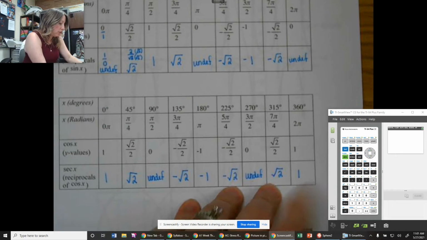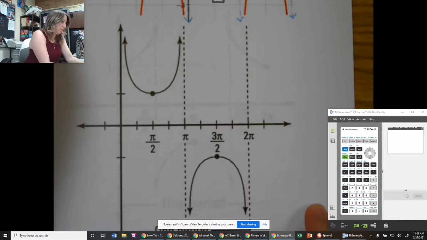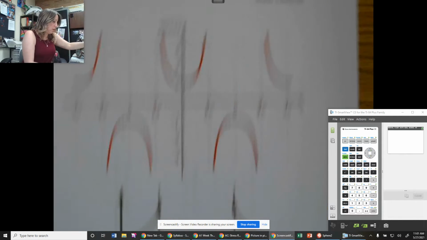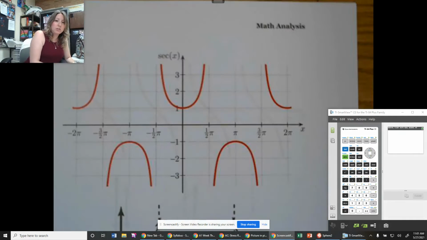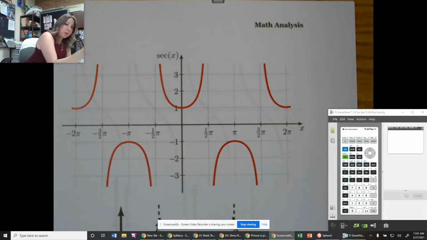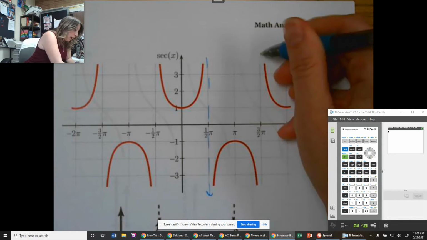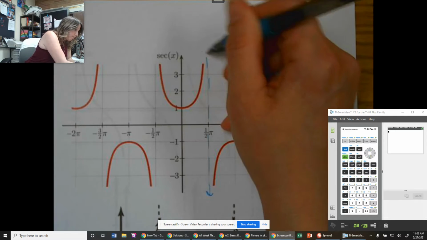This then looks like these. Here's secant. So again, it's the opposite of your peaks and valleys, and here's your asymptote, right? At 90 and 270.